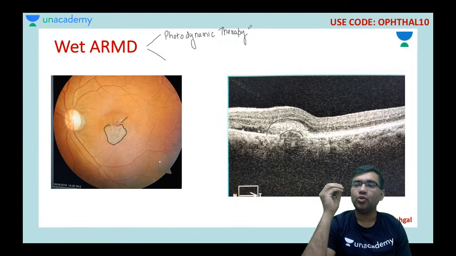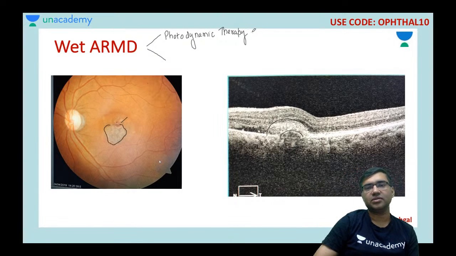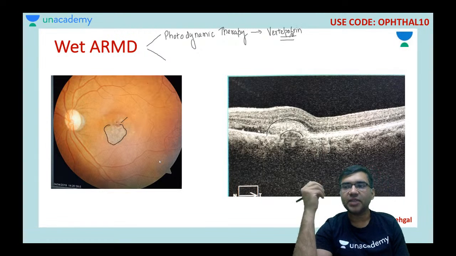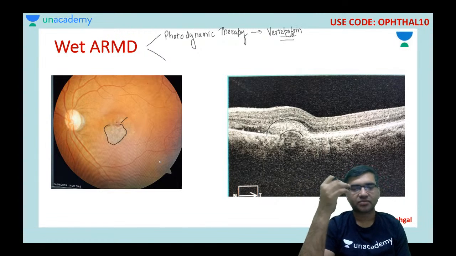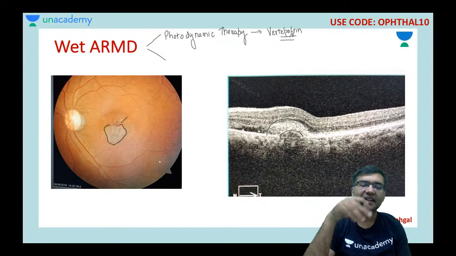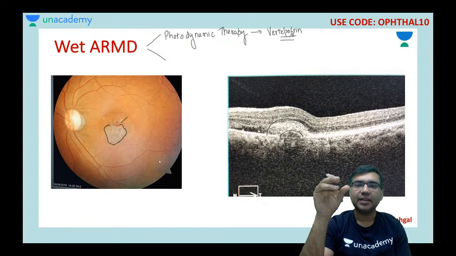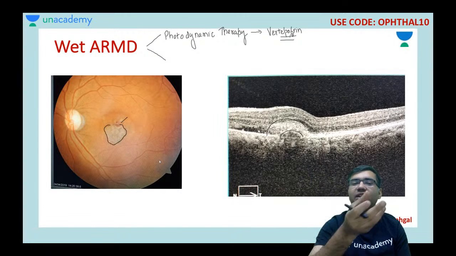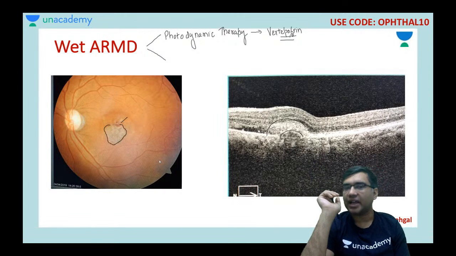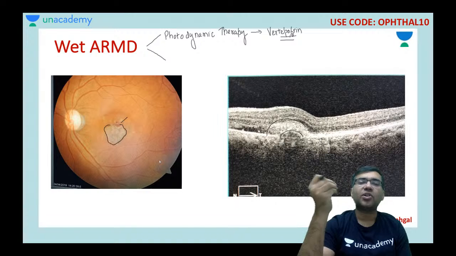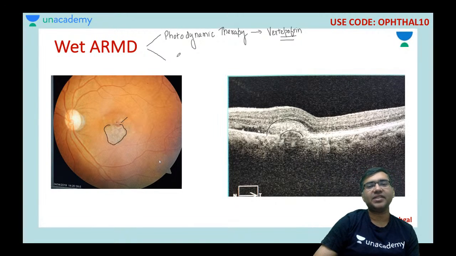Here we use a dye which is called verteporfin. The verteporfin dye gets accumulated in the new vessels, and then we can do a diode laser. If it is not responding, then the second choice we are having is we can use anti-VEGFs also.